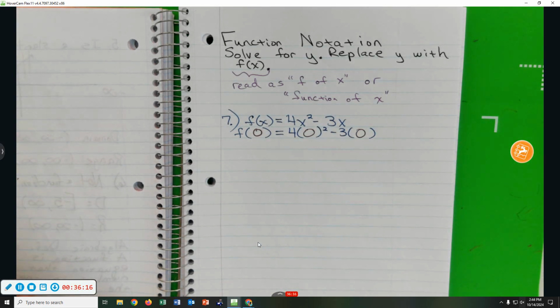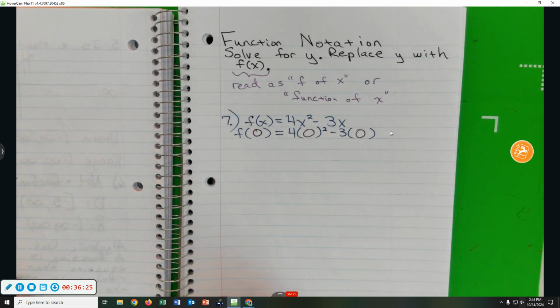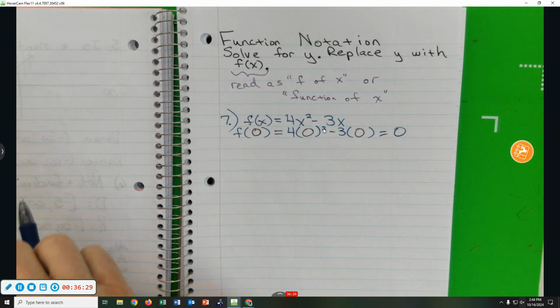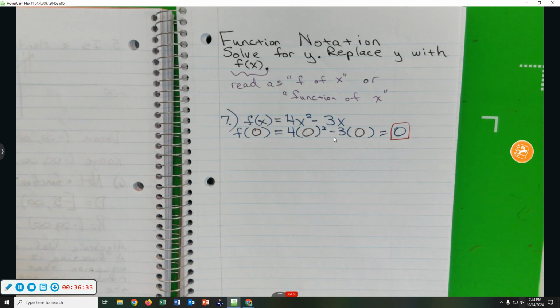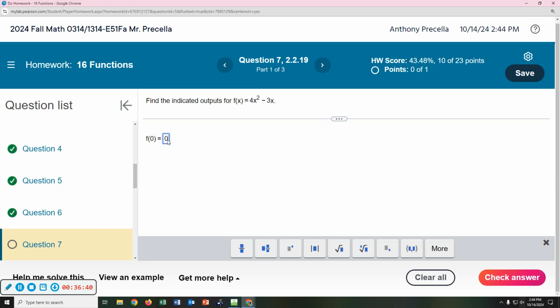Well, this is about to work out very nicely. What's that going to simplify to? 0 squared is 0, 0 times 4 is 0, 3 times 0 is 0, you just have 0 minus 0. So when x is 0, the y value is 0. Hopefully the next one will be a more interesting or challenging problem.